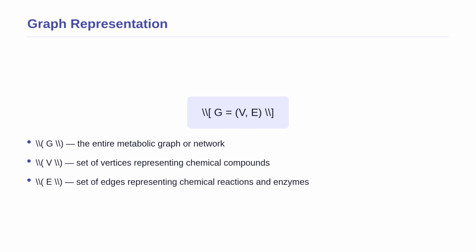The variable V stands for the set of vertices, or nodes, which represent the chemical compounds and metabolites. The variable E stands for the set of edges, or links, representing the chemical reactions and enzymes connecting them. If the number of vertices increases, the network becomes exponentially more complex to analyze.